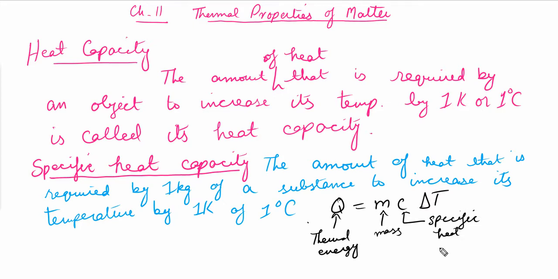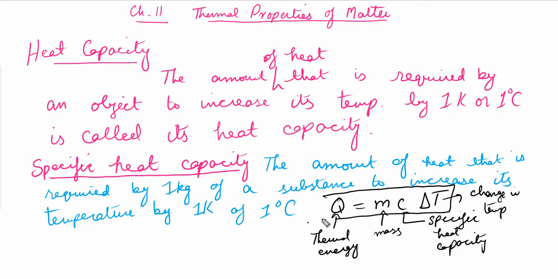And delta T is representing the change in temperature. So this is the formula for the thermal energy. Alright, so this is it for heat capacity and the specific heat capacity.